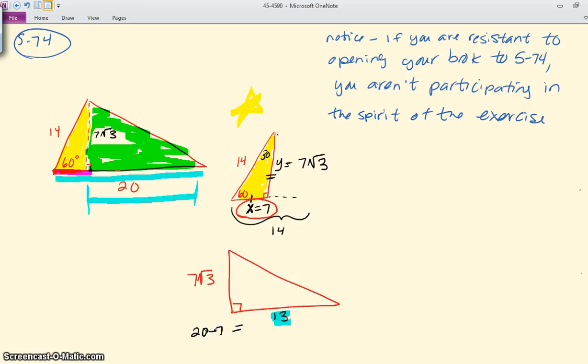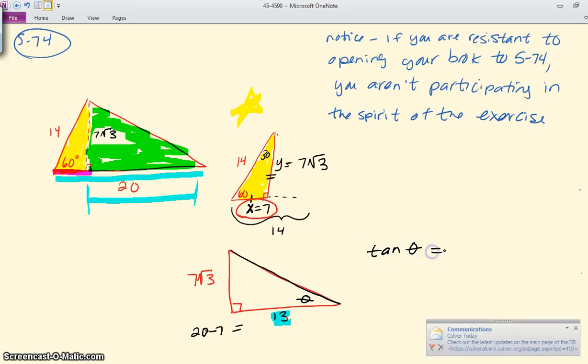So we have a triangle with a leg that's 13, a leg that's 7 square root 3, and we can find out something about the hypotenuse using the Pythagorean theorem, or we could find theta using an inverse tangent function. So you have tools for each of these scenarios.